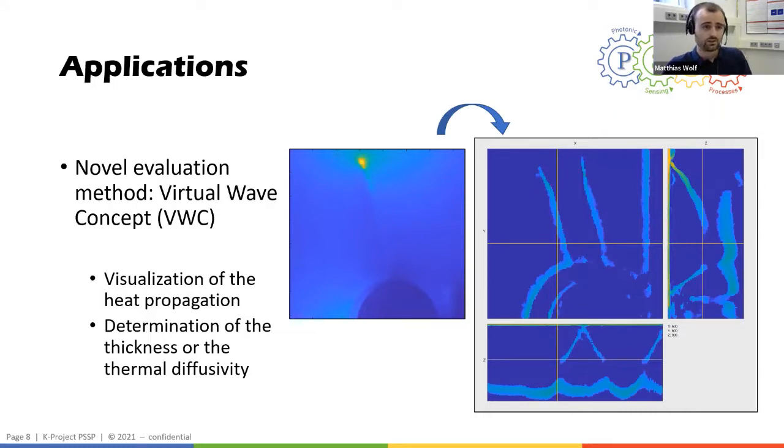In this case, the crack is just a normal crack that goes to the bottom of the part, but if the crack would be inclined or has a limited depth, it would also be possible to characterize the depth of the defect to some extent, or also the angle.